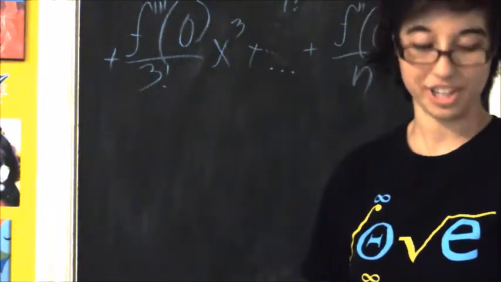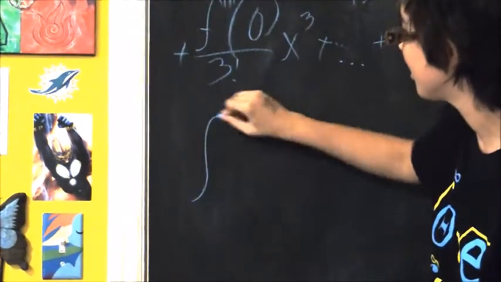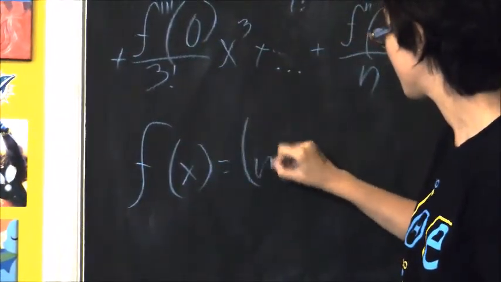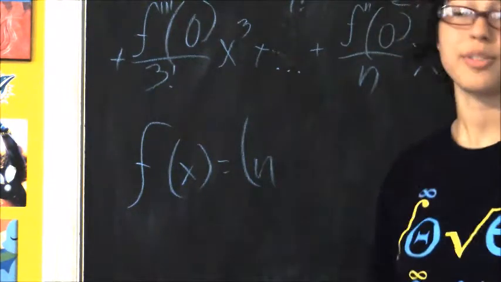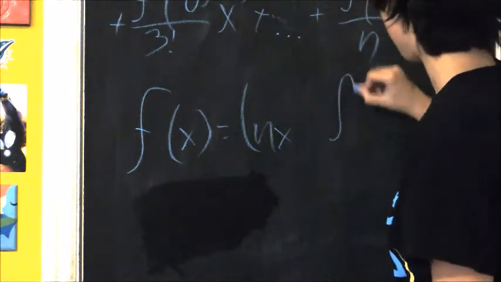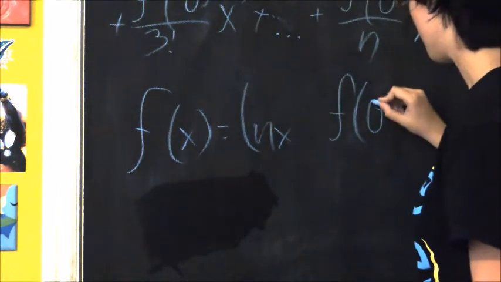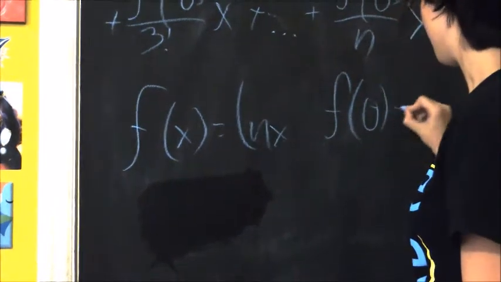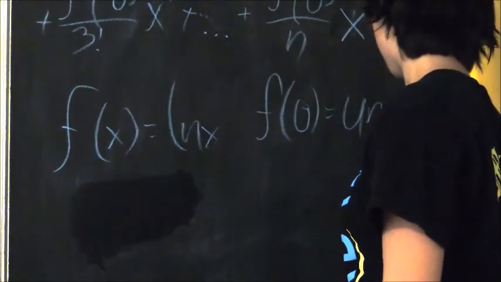Alright, so here's an interesting one. Let's try f of x equals ln of x. As we start doing this, we can see that f of 0, ln of 0, does not exist.